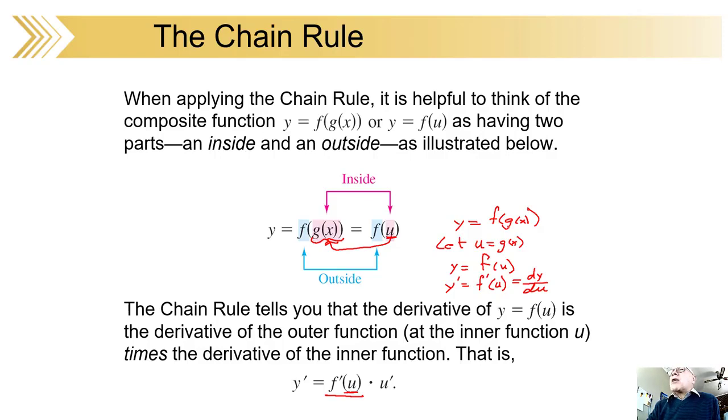We're going to temporarily sort of ignore the g of x and just get dy/du. Once we've got the dy/du, then we're going to take the derivative of this one. We'll have du/dx, which is the derivative of g of x. We'll multiply this by du/dx, and that'll give us what we wanted to begin with as dy/dx.